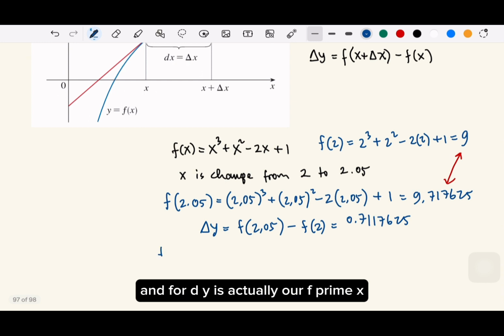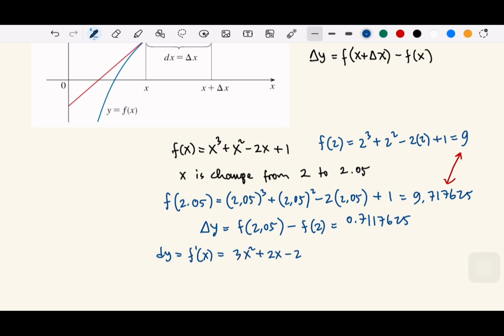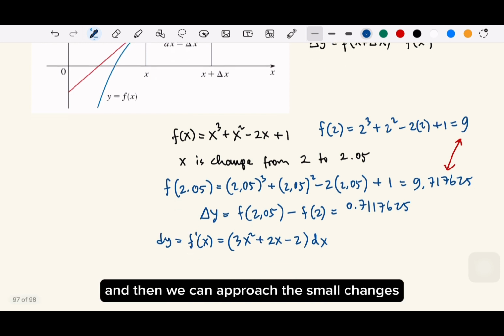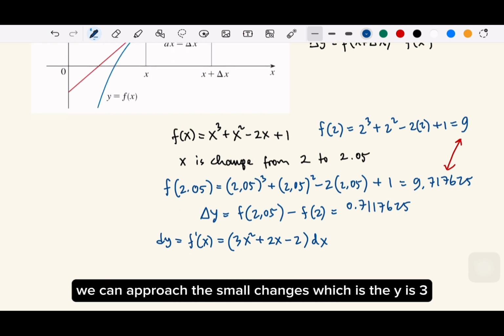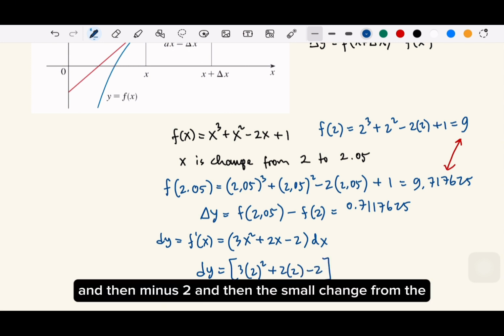And for dy, it's actually our f prime of x, which we derive, and f prime becomes 3x squared plus 2x minus 2. Now we write the system as the x like that, and then we can approach the small changes. Which is dy is 3 times 2 squared plus 2 times 2, and then minus 2, and then the small change from 2 to 2.05.